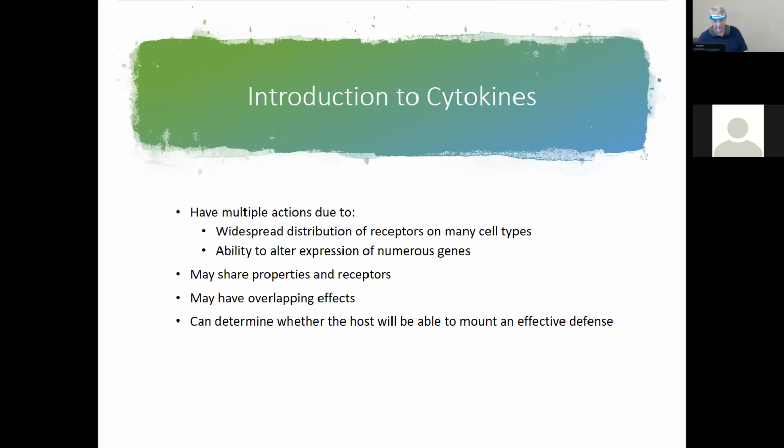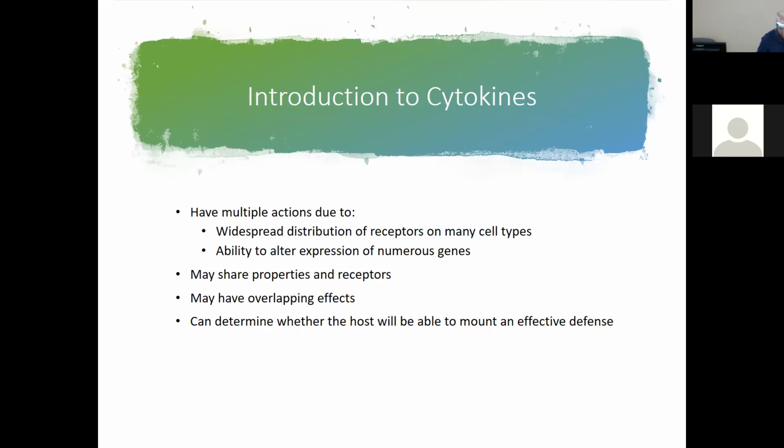So cytokines, multiple actions. And if you read ahead, you've heard kind of the history of where cytokines got their names. Okay, and that's always fun to talk about. That's basically they get their name on where their influence is.